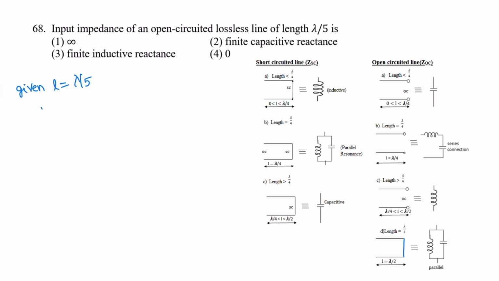So for length less than lambda by 4, an open circuited lossless transmission line behaves like a finite capacitive reactance. The transmission line is open circuited and the input impedance is a finite capacitive reactance. The correct option is 2.